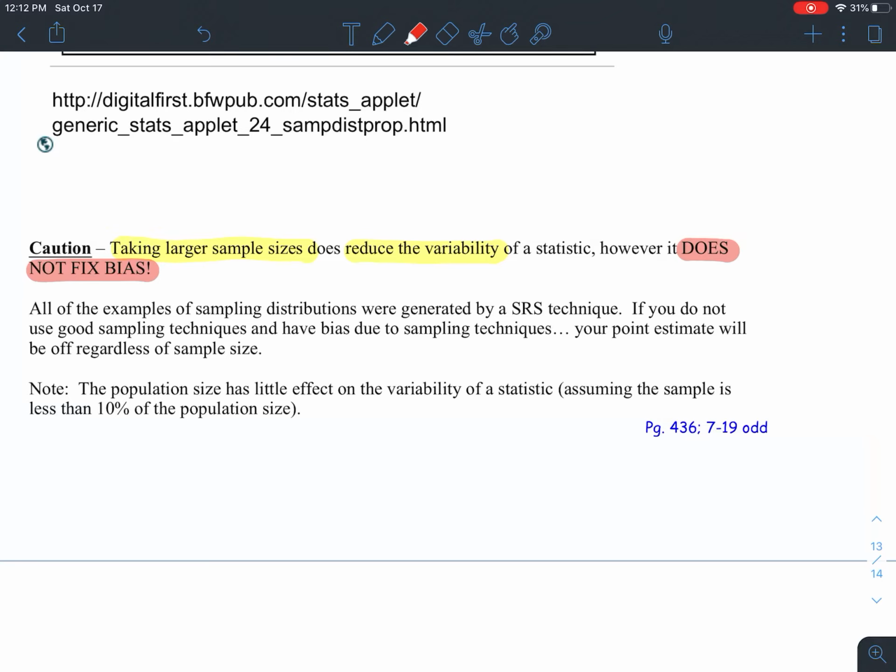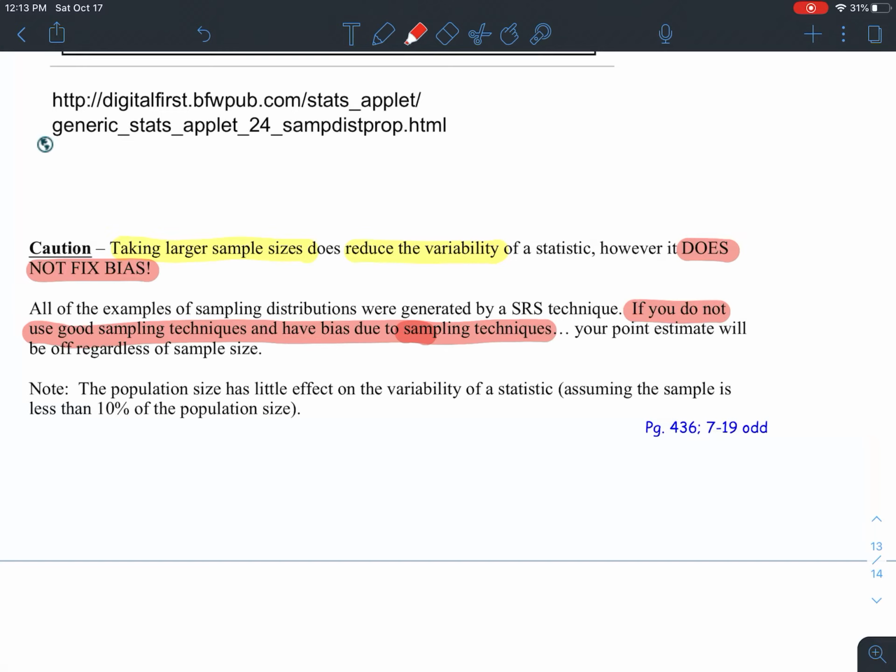If you have bias where it's consistently over or consistently underestimating your population parameter, the only way that you can fix this is to go back and take a sample again and make sure that you are using proper sampling techniques. If you're not using good sampling procedures, you will introduce bias into your results. So you really have to start all the way back at square one and regather your data in a proper way to fix the bias situation.